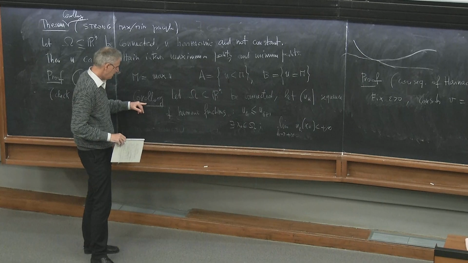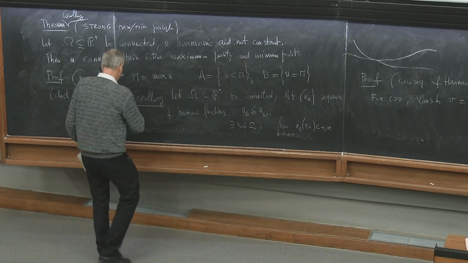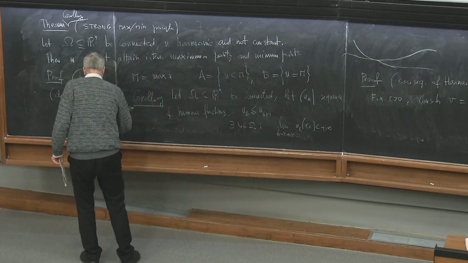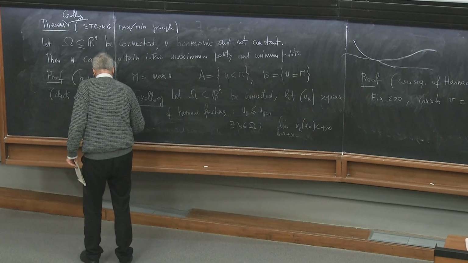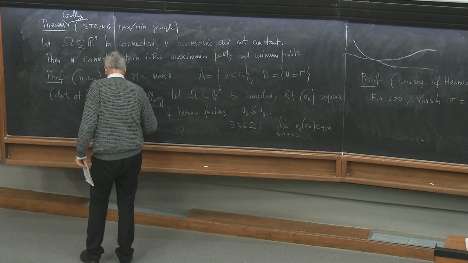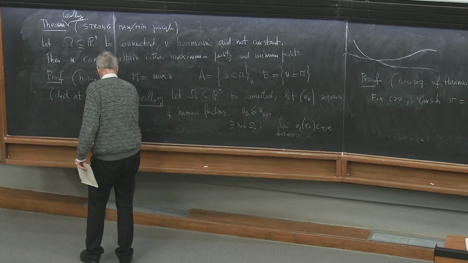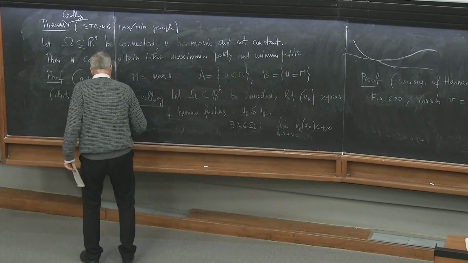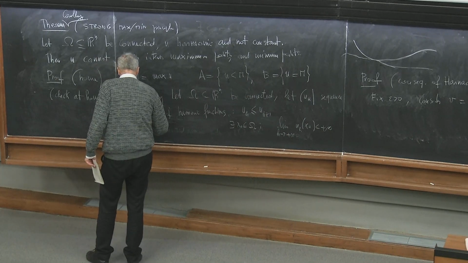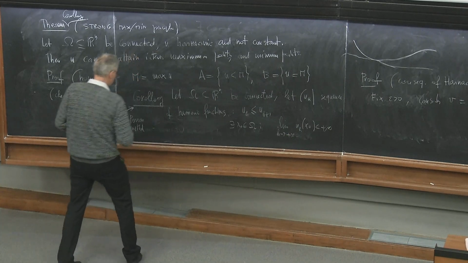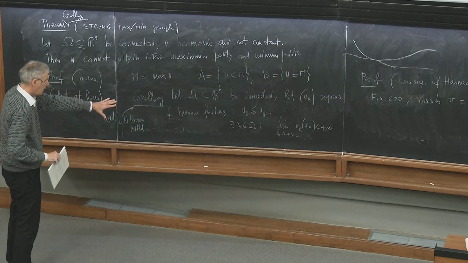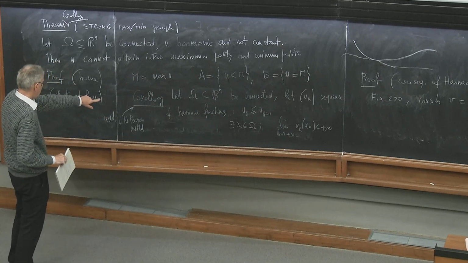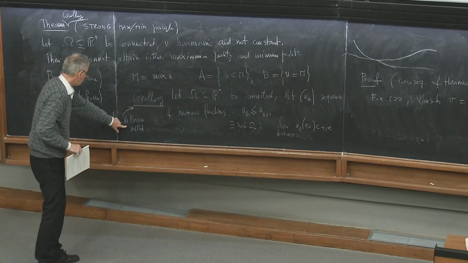So this is really important in the Perron method. So this was, strictly speaking, just what we need. And then I conclude the statement, but this will be needed in the Perron method.